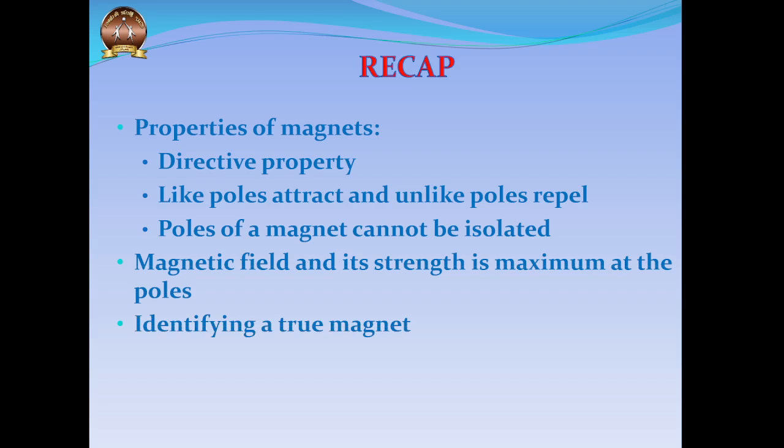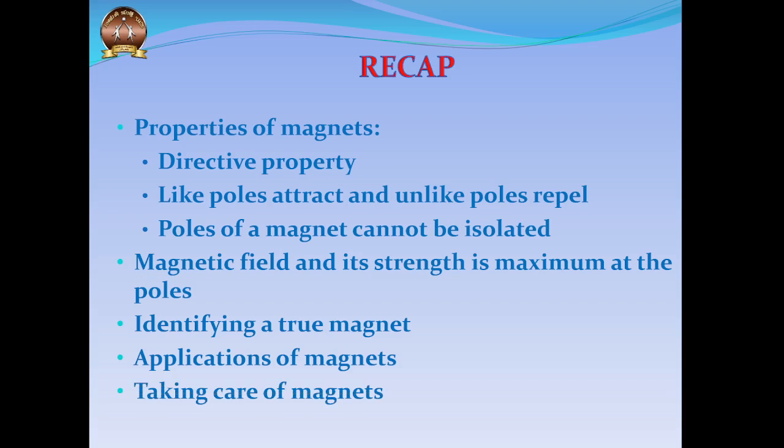And we also learned the test for a true magnet. How can you identify a true magnet? By using another bar magnet. Repulsion is the only true test for magnetism. And we learned about the applications of magnets in our day-to-day life. And we learned how to take care of magnets by using keepers, and wooden boards for bar magnets too, and also that the opposite poles of the magnets should be facing each other whenever we store magnets in pairs.